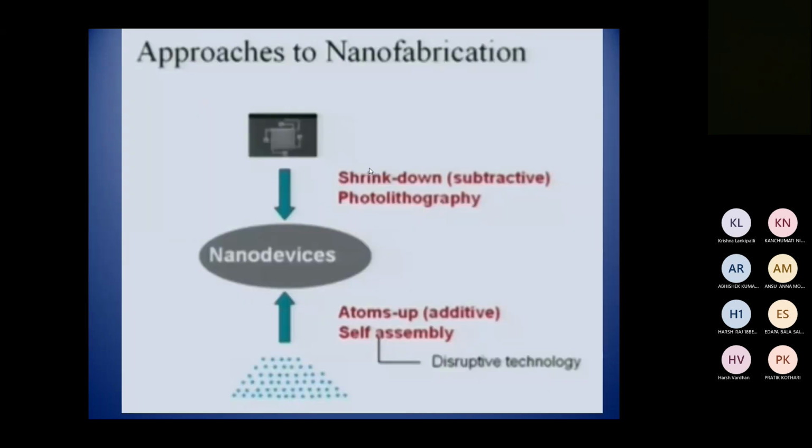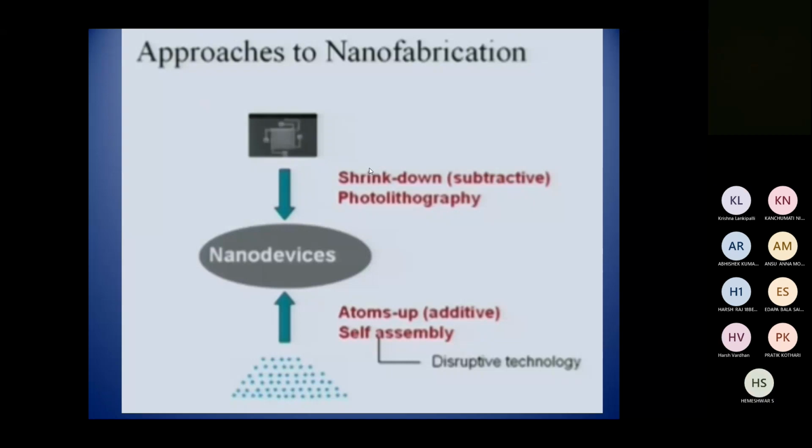Okay, so as you know, in the nano fabrication process, there are two cases we generally take into consideration, as I have already told in the class. One is the bottom-up approach and the other is the top-down approach. In a bottom-up approach, to make any devices, atoms are assembled together, in an additive process, where we can finally make nano devices.